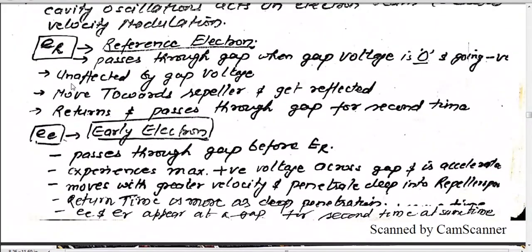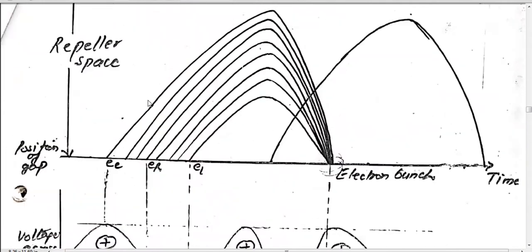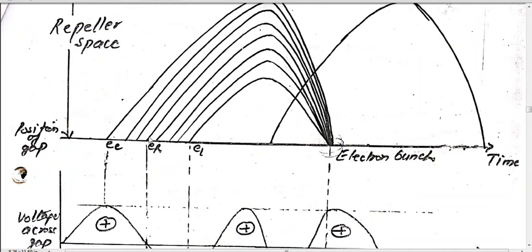It passes unaffected by the gap voltage because the gap voltage here is 0. So the electron passing at this point of time, its velocity will remain unaffected, and this particular electron is ER.